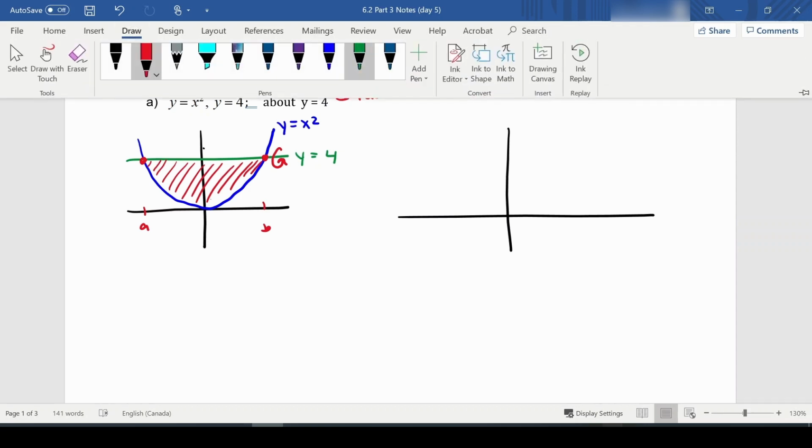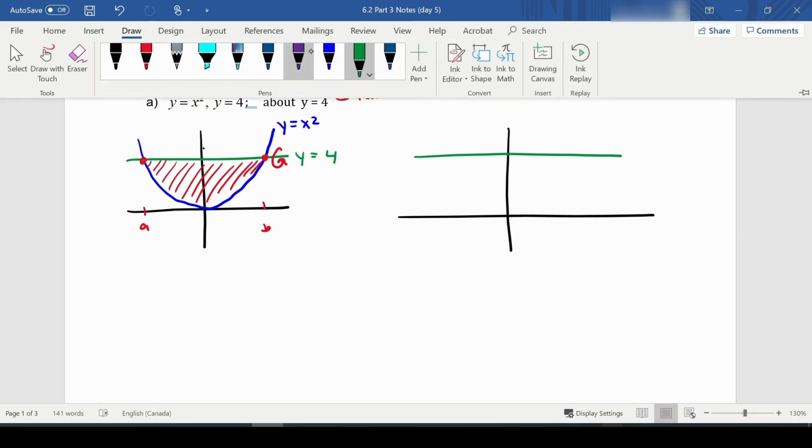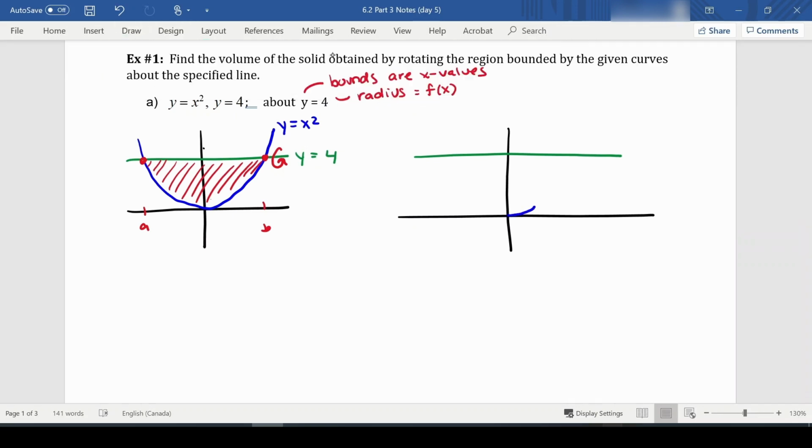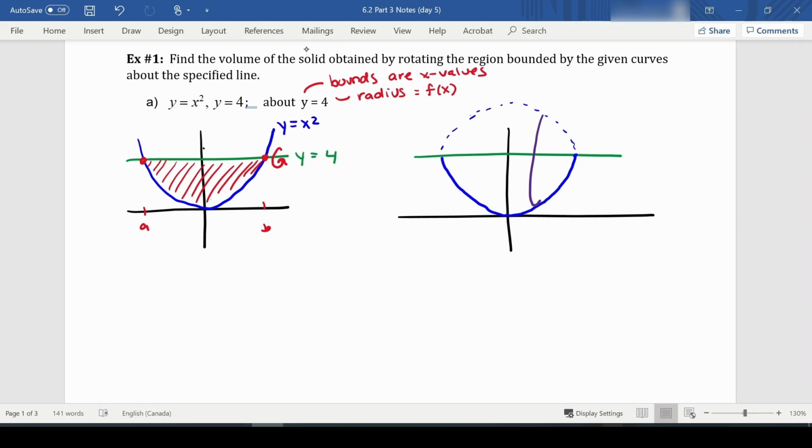And when we rotate, what this is going to end up looking like is sort of like a pontoon or a football. We're going to end up with cross sections that are discs.